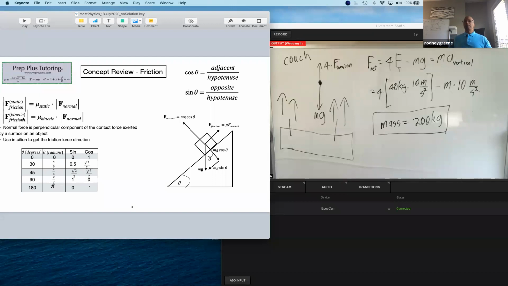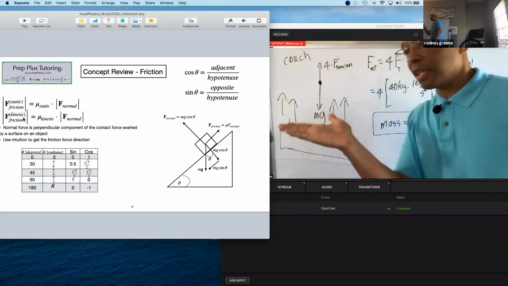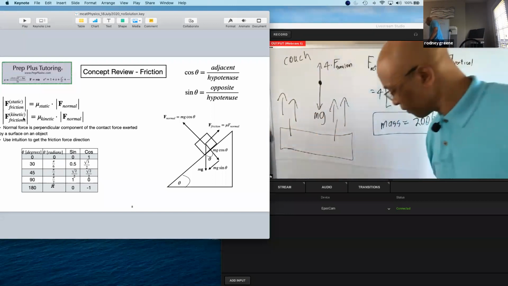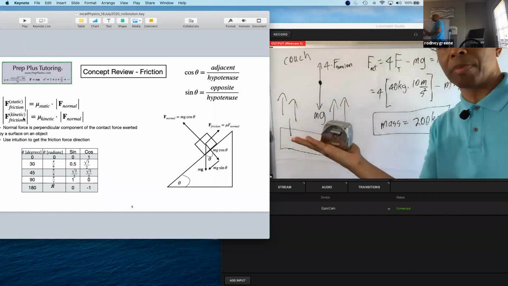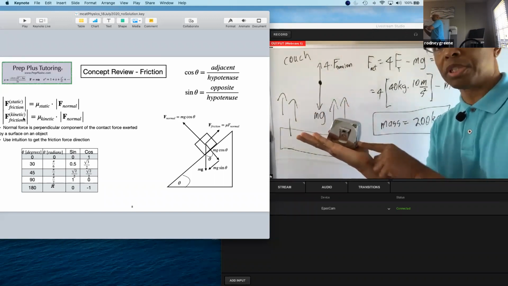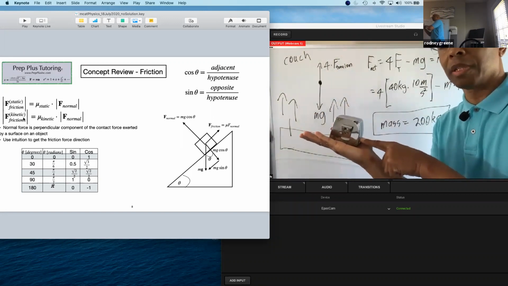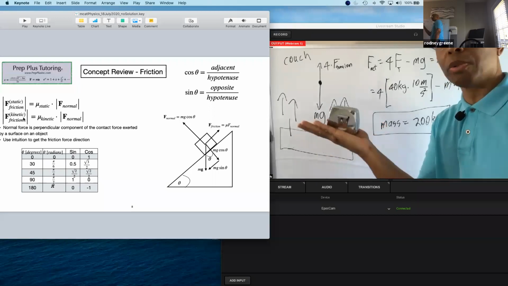So what all that is talking about is, let's say my hand is a tabletop, and you have an object on the tabletop, and I want to push it. The normal force is the force of the tabletop that's holding it.